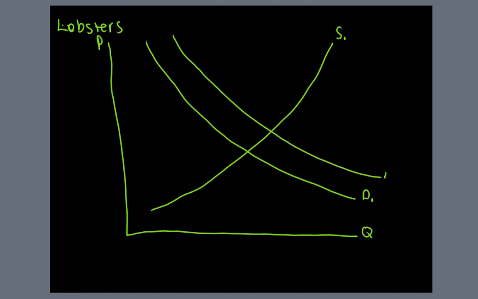Now, before I shift the supply, let's consider where our initial equilibrium was. Our initial equilibrium was where the original supply and original demand curve intersected. I'm going to denote this as E sub 1. I'm going to come down to the horizontal axis and show that this is exactly the point where the quantity demanded of the first demand curve equals the quantity supplied of the first supply curve.